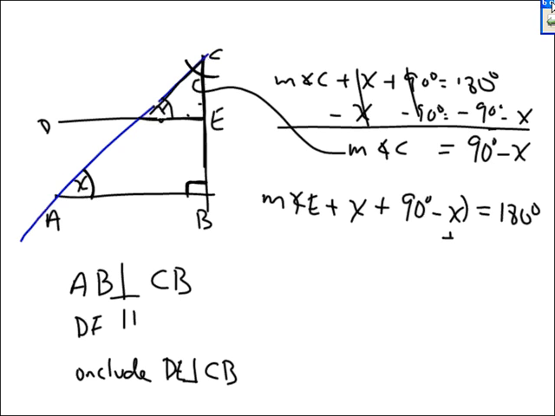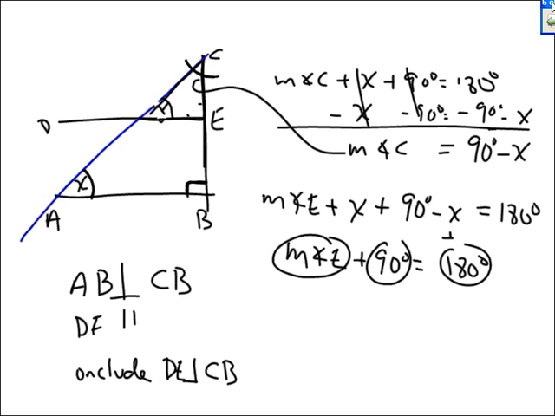I can remove the parentheses. So the x's cancel. The measure of angle E plus 90 degrees is 180 degrees. Well, you know that 90 plus 90 is 180, and no other number plus 90 is 180. So the measure of angle E is 90 degrees.